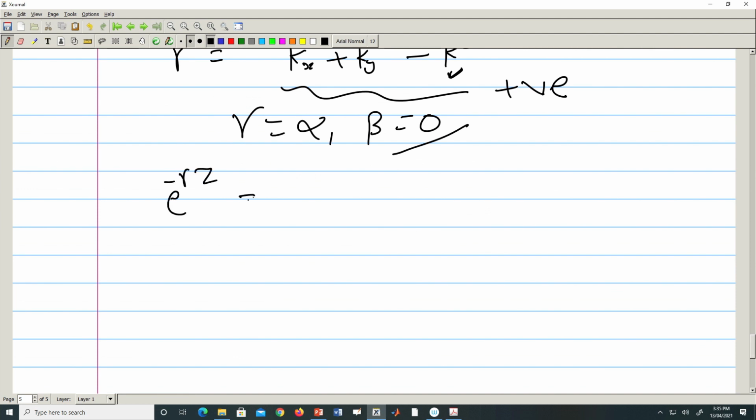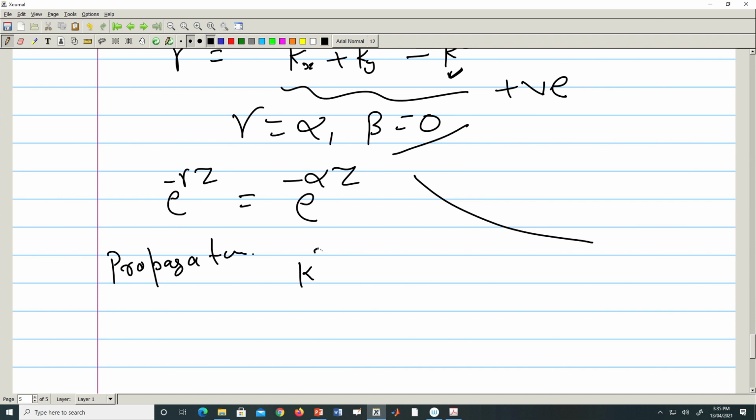Next is the condition for the propagation: k square equal to omega square mu epsilon should be greater than m pi by a whole square plus n pi by b whole square.